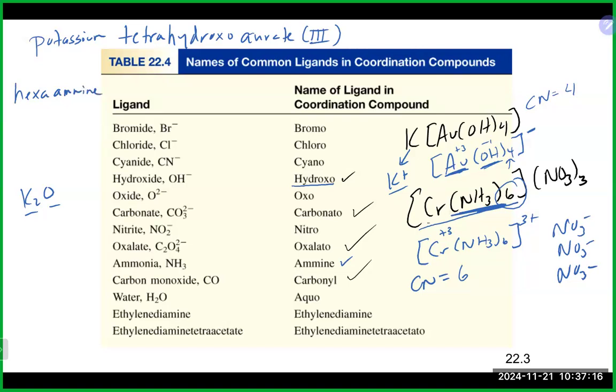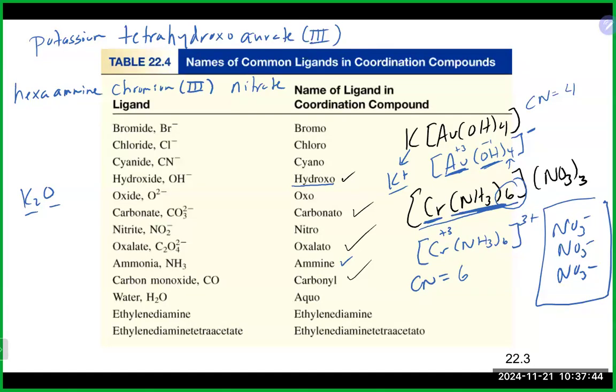Now we're going to go with our metal, which is the complex ion part of the name: chromium, Roman numeral 3. And once again, when we come to our counter ion, even though there's multiples of them, we just use the name of it, and that would be nitrate in this case. So this would be hexaamminechromium(III) nitrate.